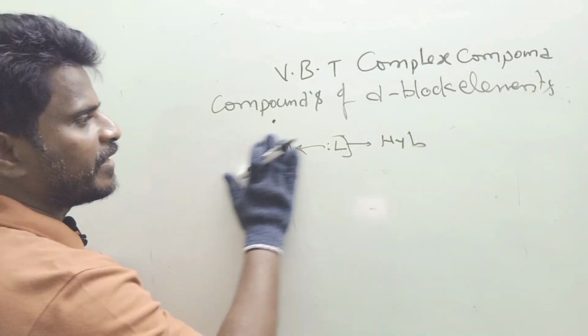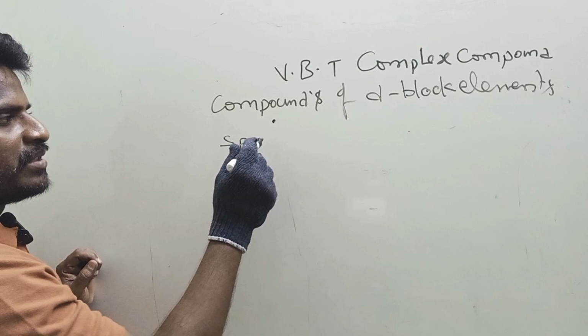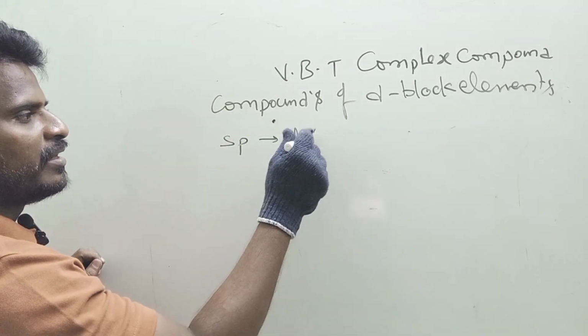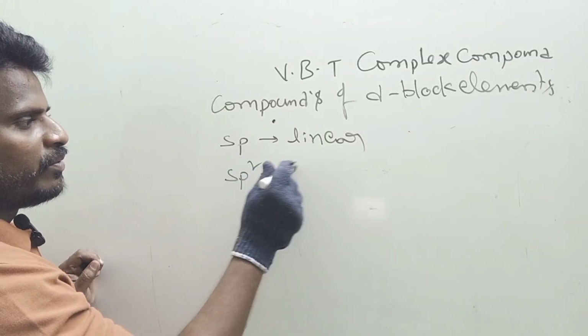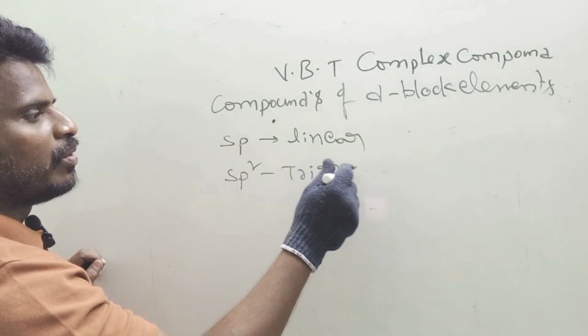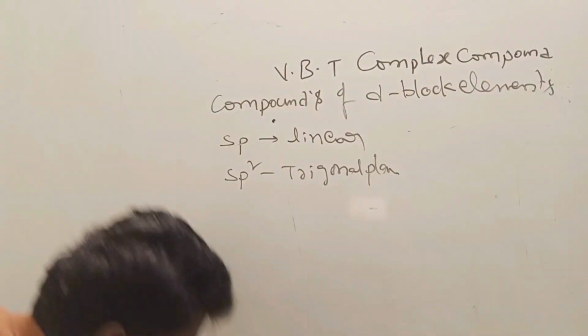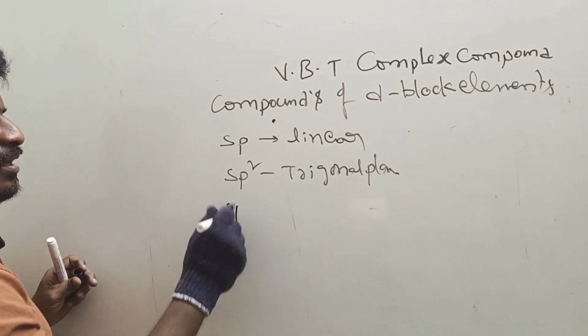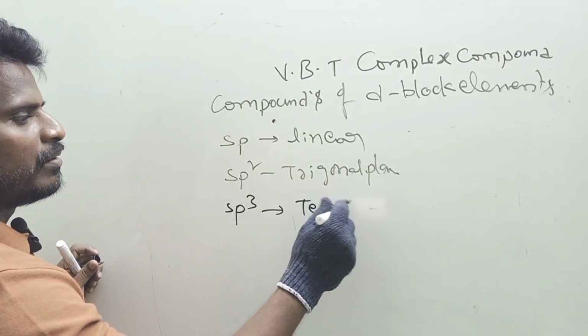Based on this, if the compound is in sp hybridization, it is linear geometry. If it is in sp2, trigonal planar geometry, or if it is in sp3, tetrahedral geometry.